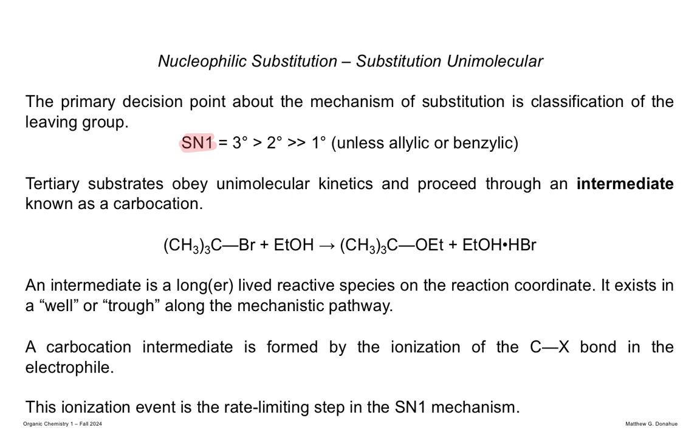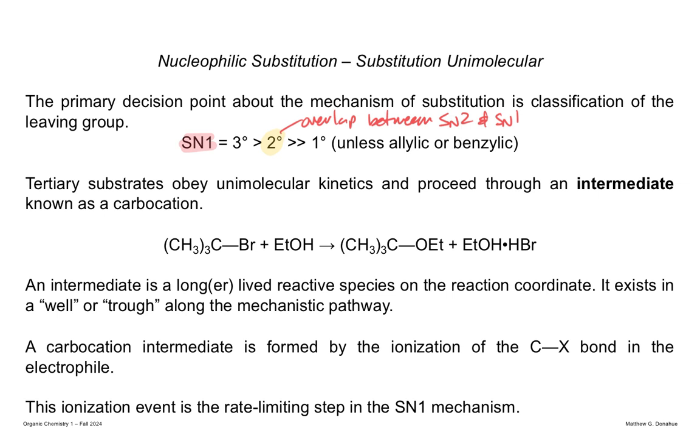And the secondaries are really the one that require more diagnosis, because they overlap in both mechanisms. And that's when you have to look at the nature of the nucleophile and the nature of the solvent to determine is it SN2 or SN1.